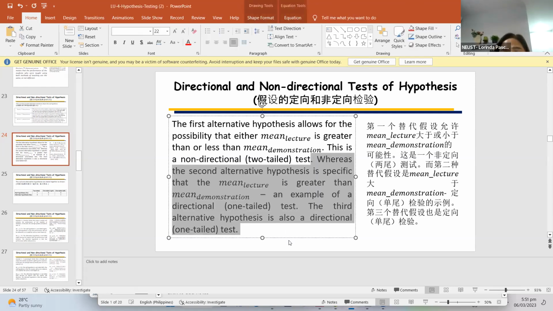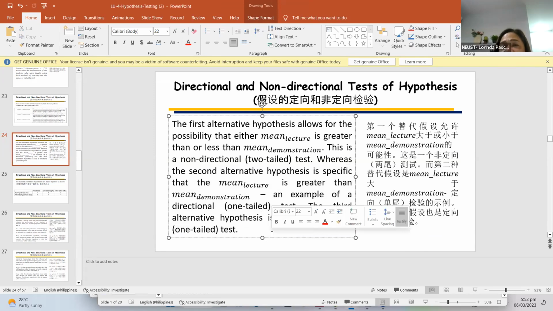Whereas the second alternative hypothesis is specific naman yung isa. So hindi siya equal, pero doon sa second, sinabi natin na yung mean doon sa lecture is greater than the mean in the demonstration. This is an example of a directional or one-tailed test. So yung pangatlo, less than naman siya, is also a directional one-tailed test.